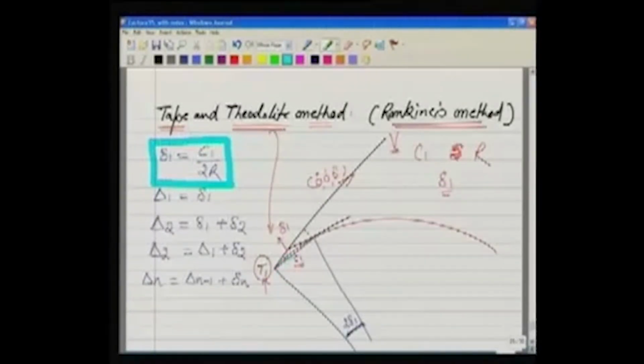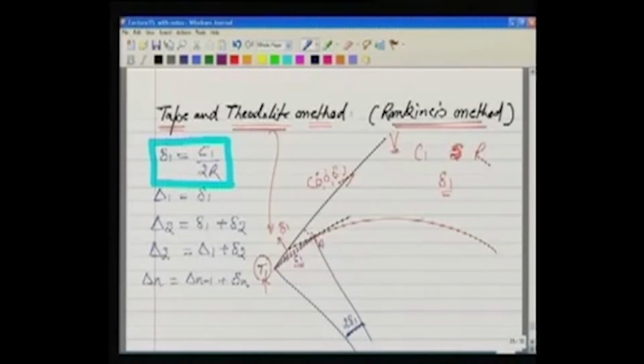Along this direction, we cut a distance equal to C1. So our first point A is known on the curve. Well, next, we don't change the position of the theodolite. The theodolite stands there only.